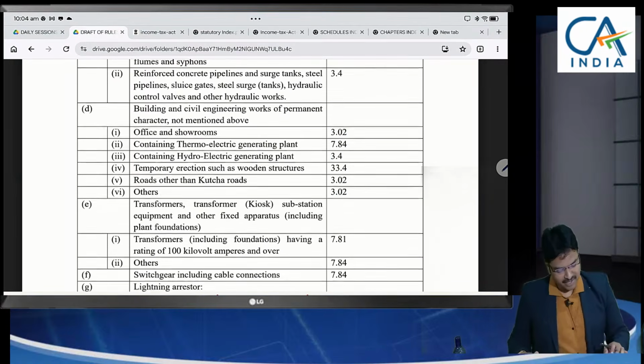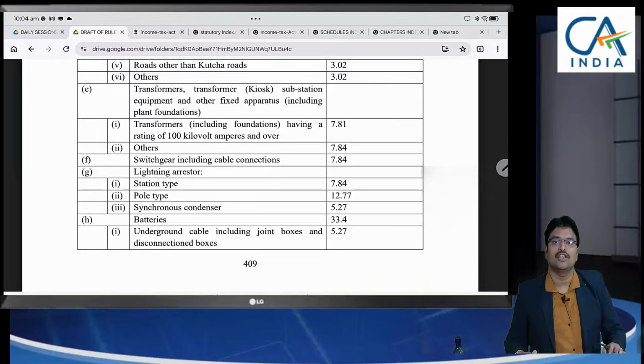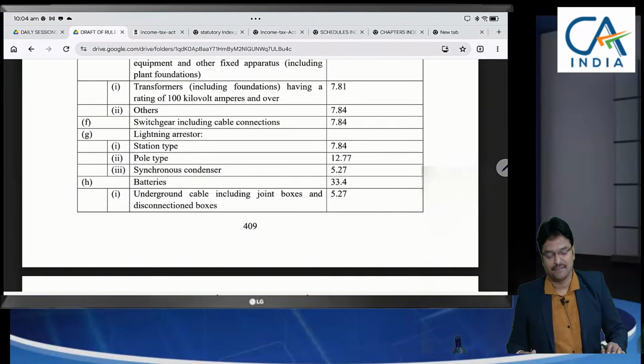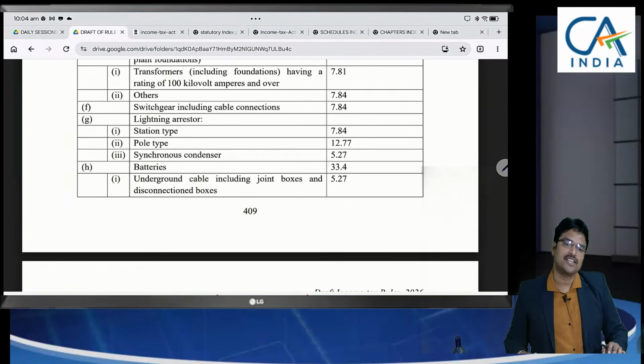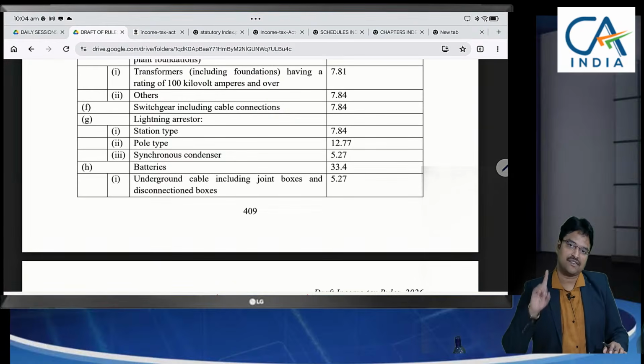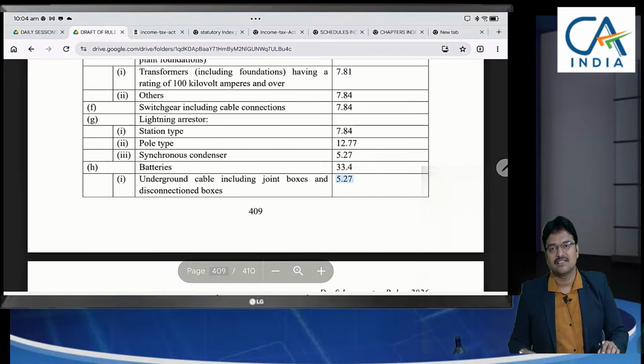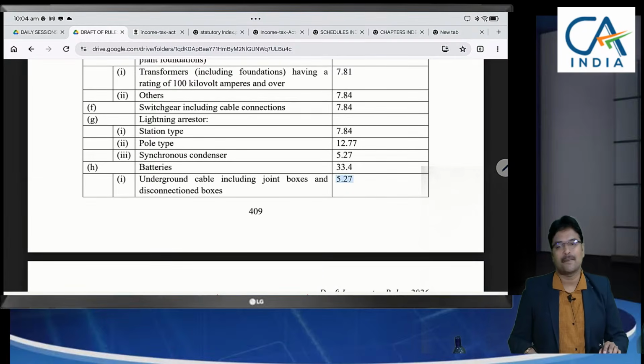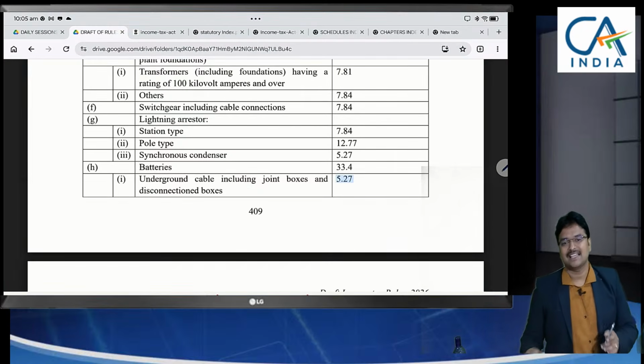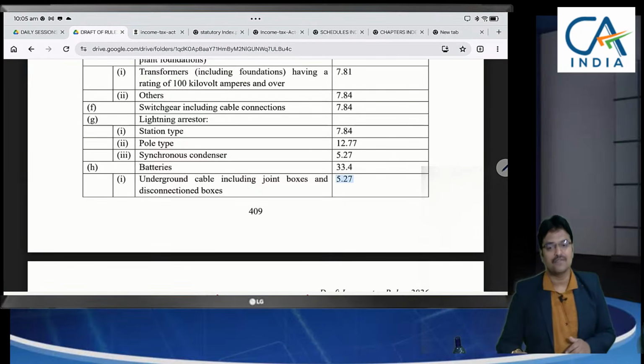These are the rates of depreciation using which method? Straight line. Every year same value, same percentage. If an asset is purchased for 1 lakh, 1 lakh into 5.27 in this case. Second year also the same, third year also the same, till 1 lakh is completed, and the same depreciation will continue.